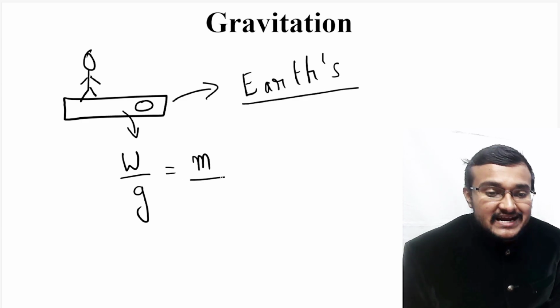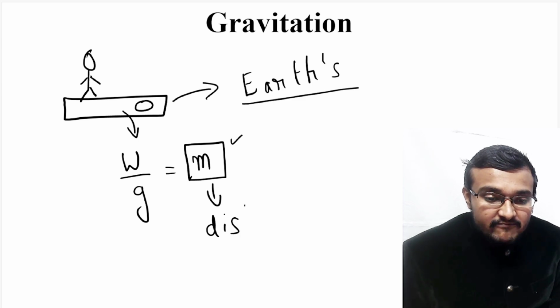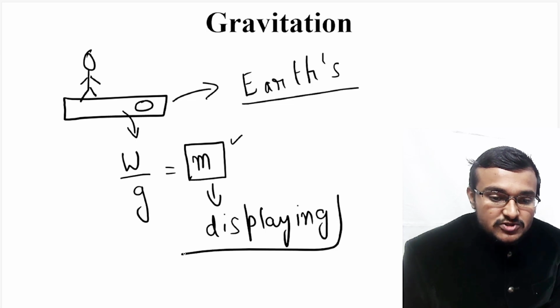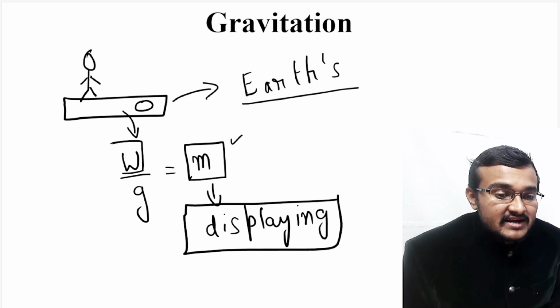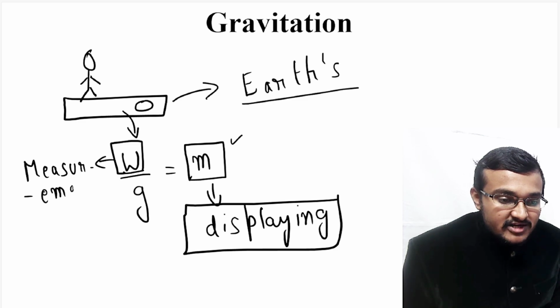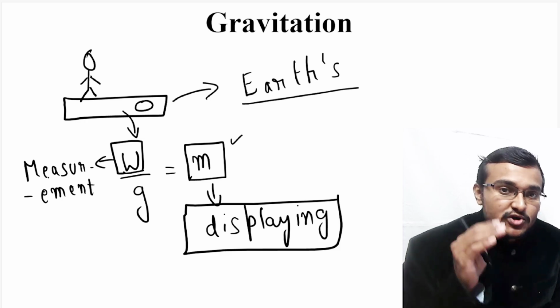So whatever this weighing balance is displaying, it is displaying mass. Always remember, the weighing balance is displaying your mass, but it is taking your weight. Whatever measurement it is doing is based on your weight.